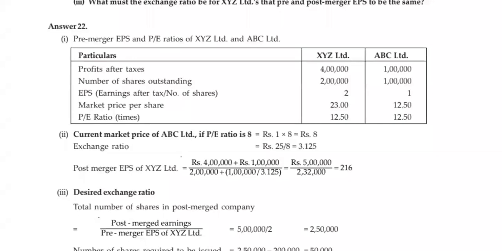Post-merger earnings is 4 lakh plus 1 lakh, XYZ Limited earnings plus ABC Limited earnings, total 5 lakh, divided by the pre-merger EPS of XYZ Limited, which is 2. We already calculated it. 5 lakh divided by 2 gives 2,50,000.